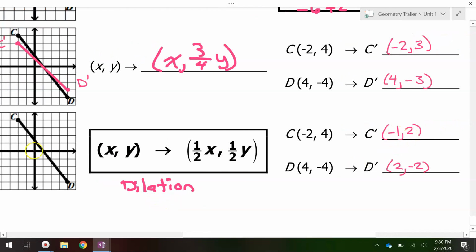Negative 1 comma 2 is going to be right here. And negative 2 comma negative 2 is going to be right here. So this will be C prime and D prime.